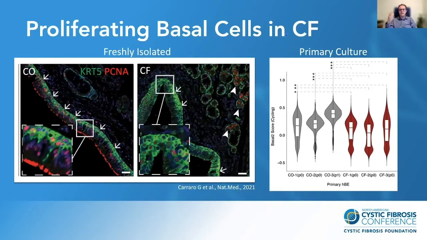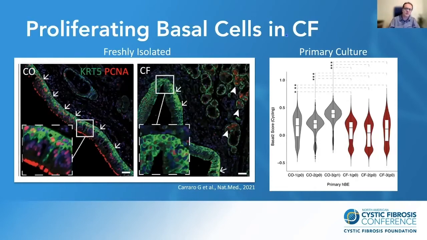Nevertheless, if we extend the culture for a longer period of time, what we observe is that the basal cells from CF rescue their ability to proliferate in a similar way to what we observe in control lung.